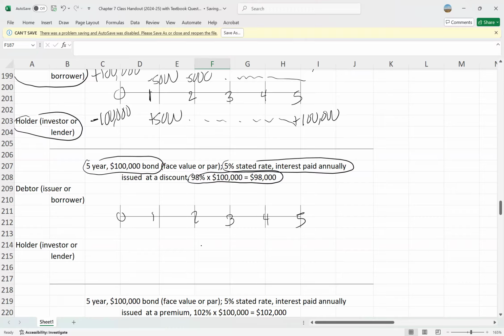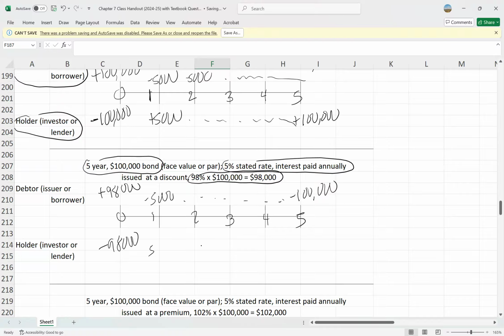The borrower or the debtor will only get 98,000, but they're going to have to pay back 100,000. And then every year they're going to have to pay 5,000 of interest. For the holder or the lender, they're going to buy the bond, so they're going to pay 98,000.